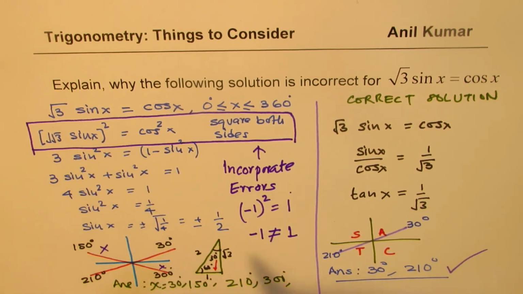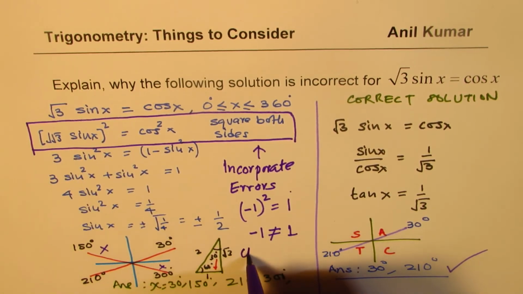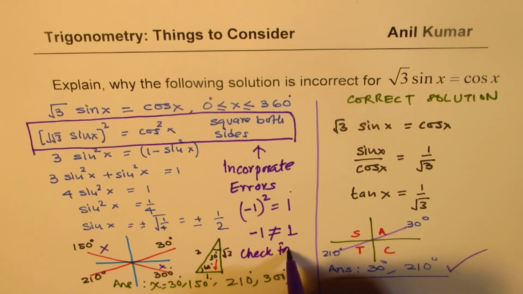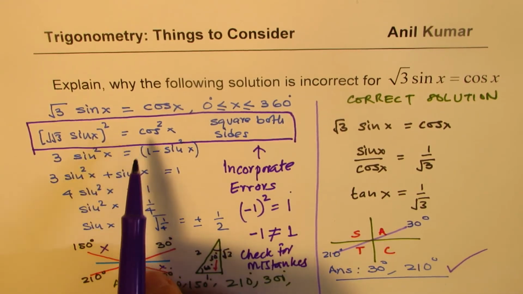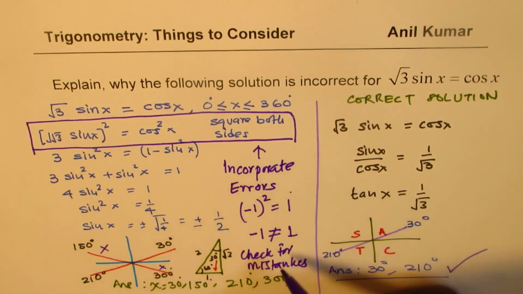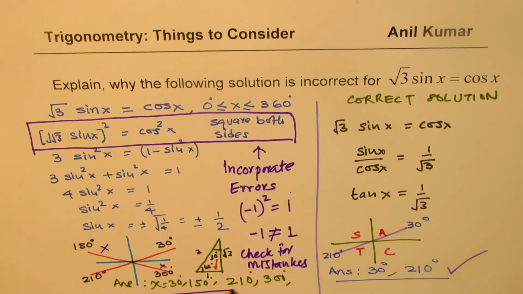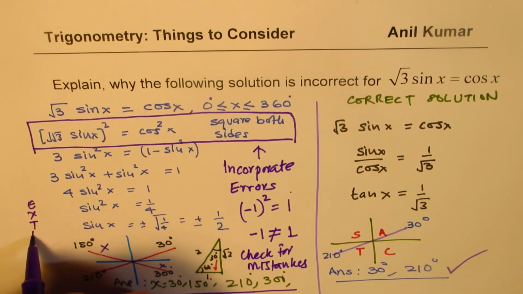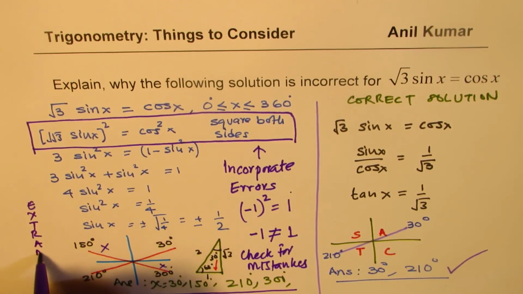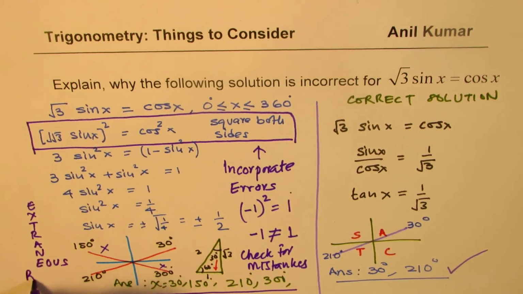So you have to check for mistakes. This is not a wrong strategy. It is the correct strategy, but you need to check for mistakes at the end, right? We call them extraneous results.